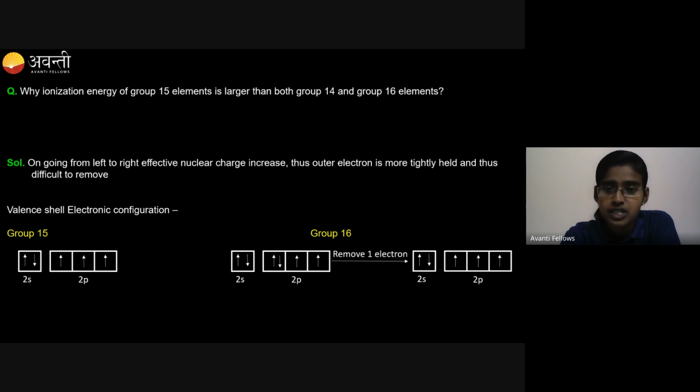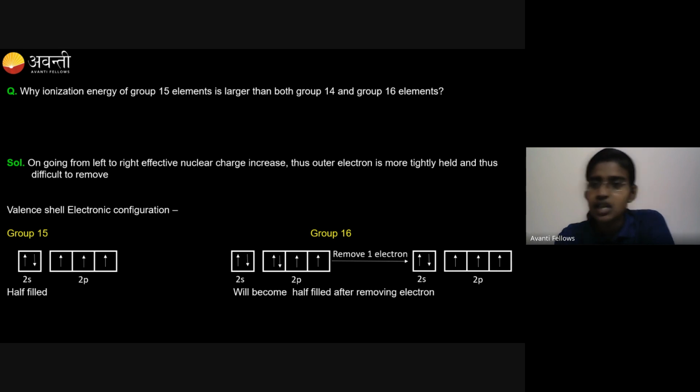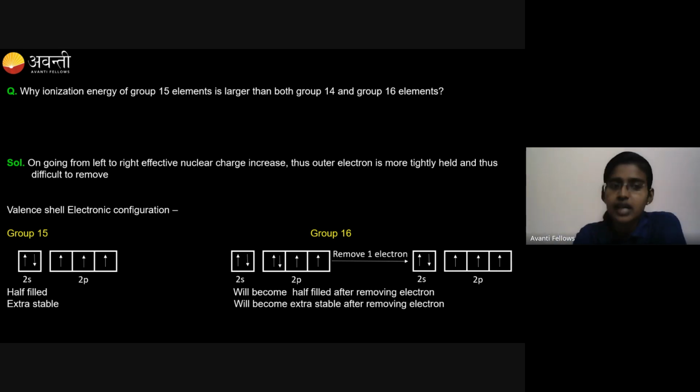So the energy required to remove the electron from the more stable configuration is more. That's why the ionization energy of group 15 is greater than the ionization energy of group 16. Very easy question, but very important.